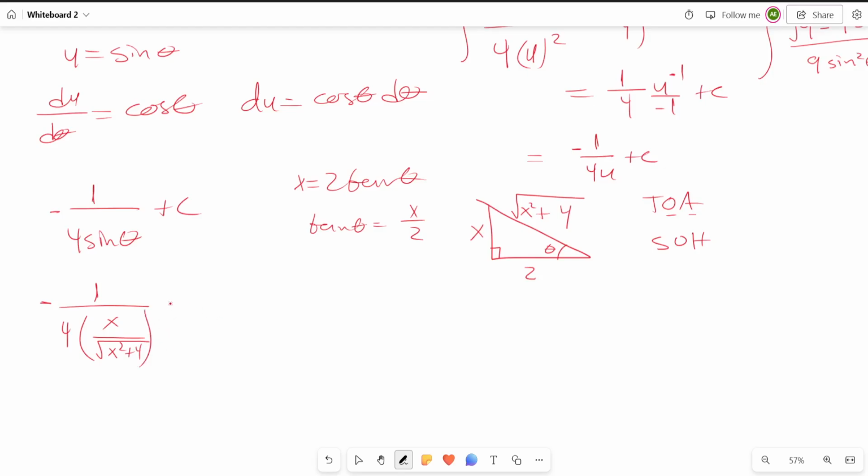This is similar to what we've done. So the square root of x squared plus 4 is going to jump to the numerator. So negative square root of x squared plus 4 over 4 times x, plus c. And this over here is my final answer.